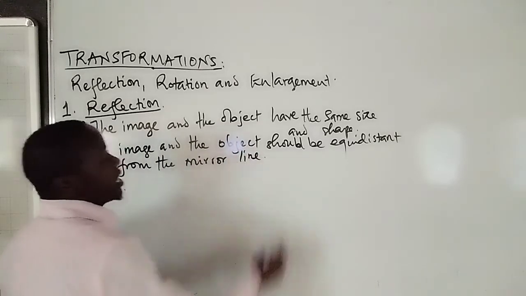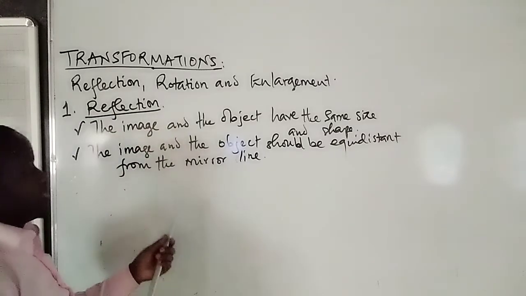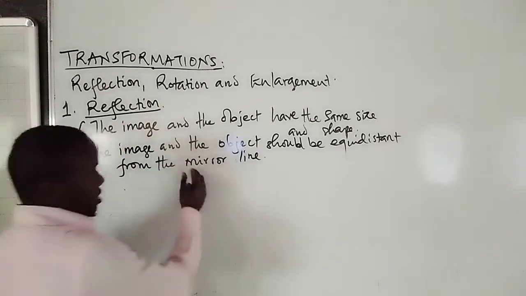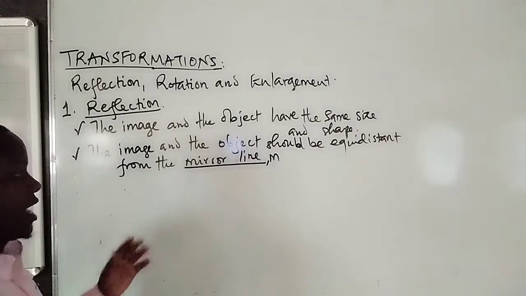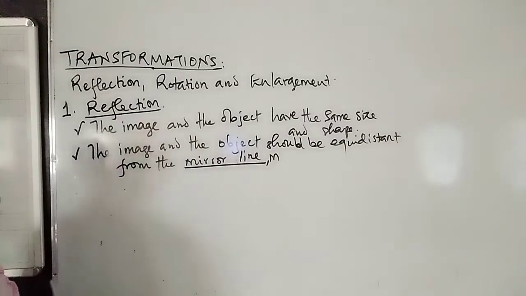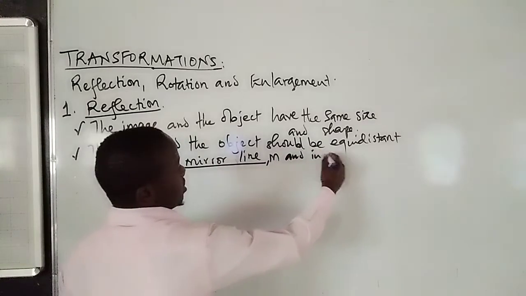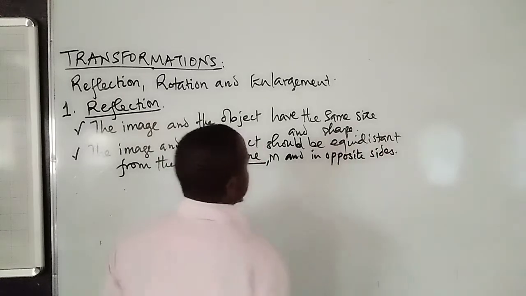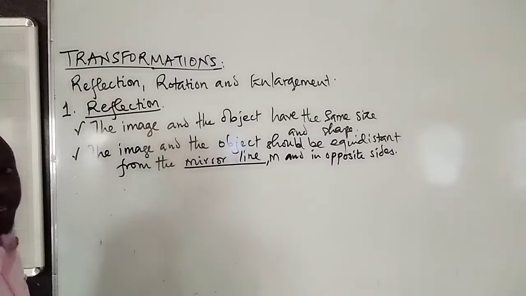The mirror line is the plane where the reflection is occurring, we call it the mirror line, mostly abbreviated by the letter M. Therefore, from the mirror line, they should be equidistant and on opposite sides.